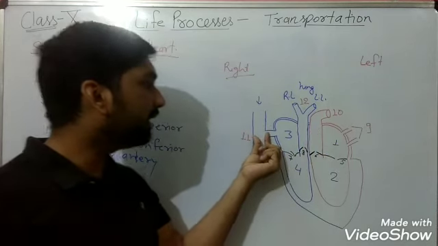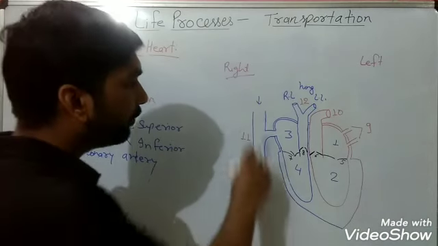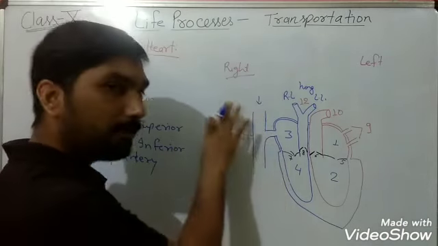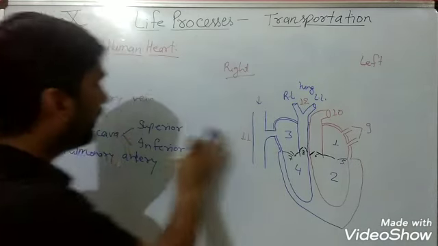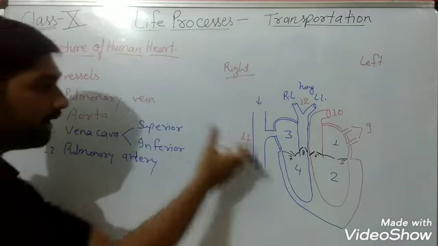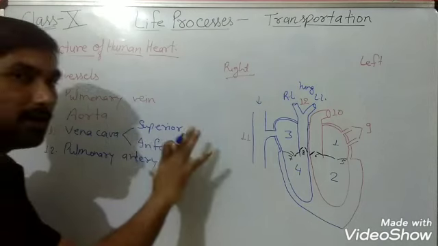This main blood vessel carrying impure or deoxygenated blood is known as the vena cava. If it is coming from the upper part of the body, it is termed the superior vena cava, and if it is coming from the lower parts of the body, it is termed the inferior vena cava.